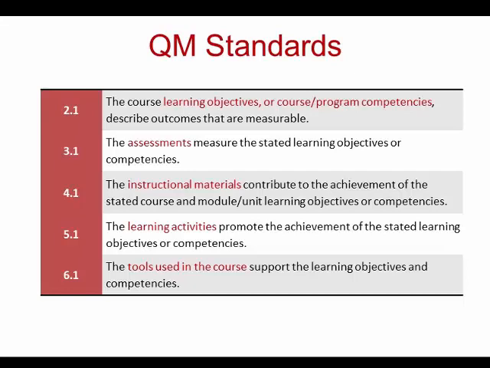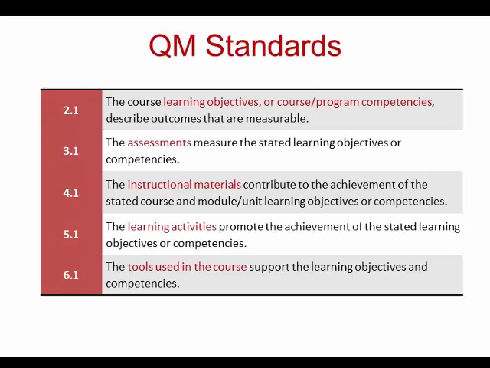Okay, and then when you go to 3.1, which is the next category, this is interesting. Do you see how it ties back to 2.1? The assessments measure the stated learning objectives or competencies. So you're starting off your assessment category with a connection to your objectives. So that is where the alignment comes in, right?